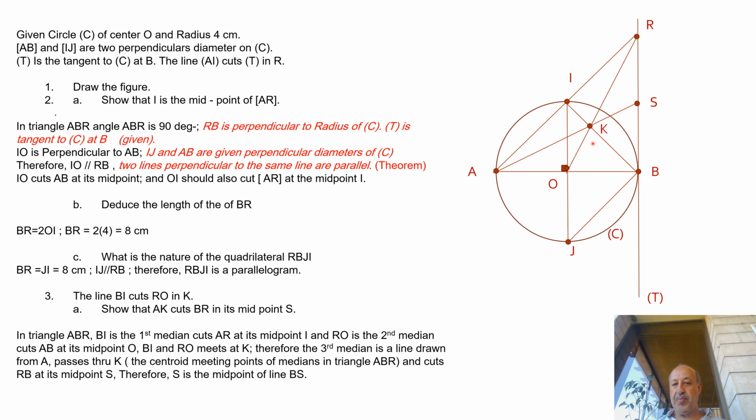So AS passes through K and cuts BR at its midpoint, because it's the third median in triangle ABR, and K is called the centroid of triangle ABR, the meeting point of the medians. Good, so we proved that S is the midpoint of BR.